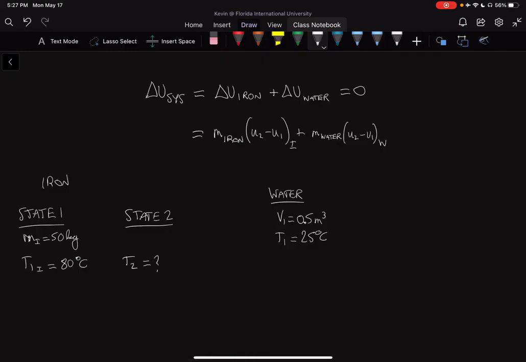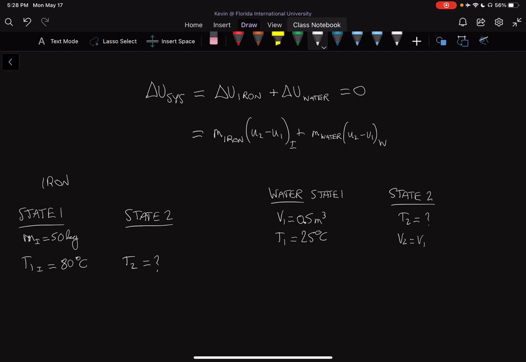So this is state 1. And then at our final state, we're looking for our temperature 2. And we also know that volume 2 is equal to volume 1. The volume does not change. Now, are we given pressure for the water? We're not given any pressure for the water.